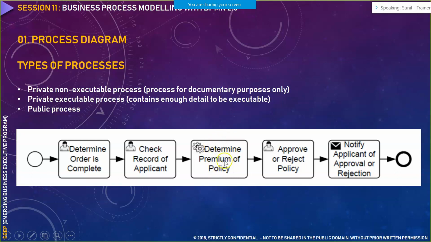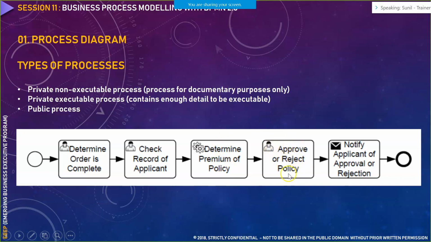Something that would get executed after you have received all the information from the insured, that is a public process wherein you submit all the information. Then comes your private non-executable process wherein you check record of applicant. Then comes your private executable process wherein you determine premium of the policy, followed by approve or reject policy.